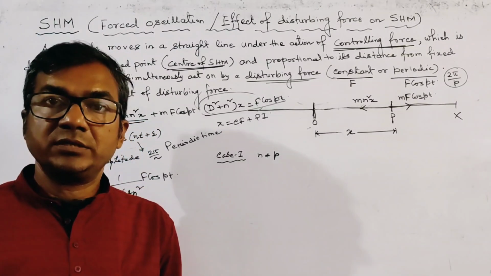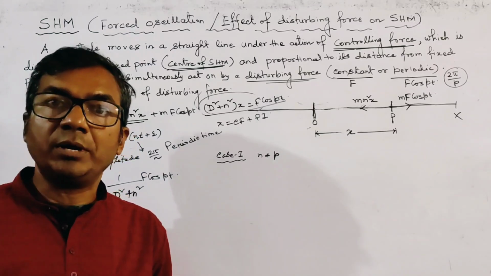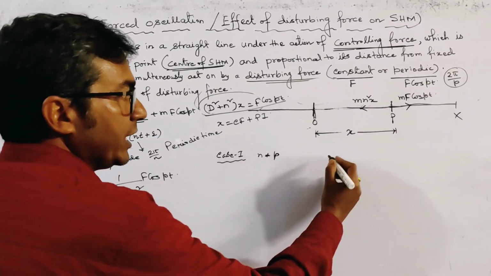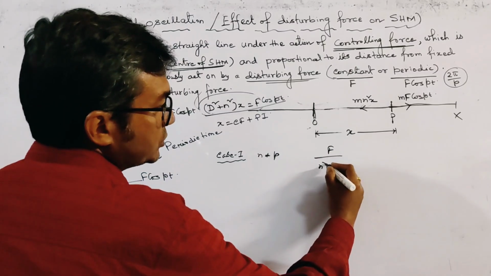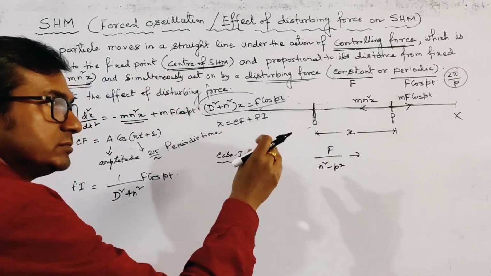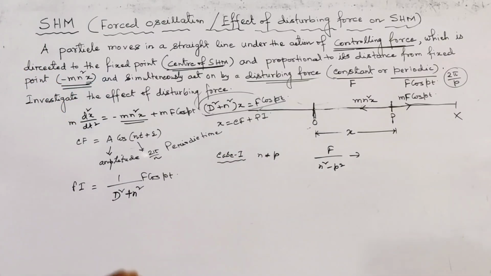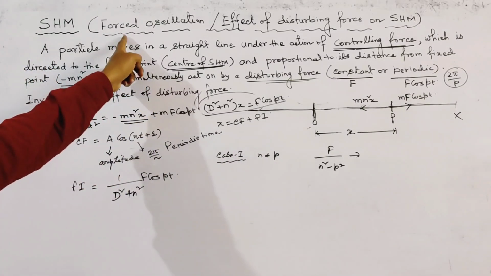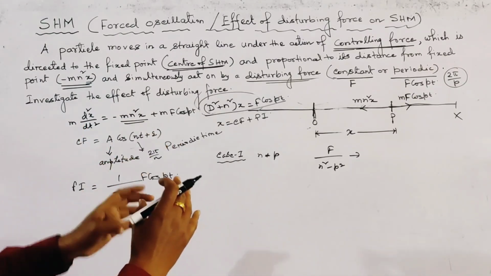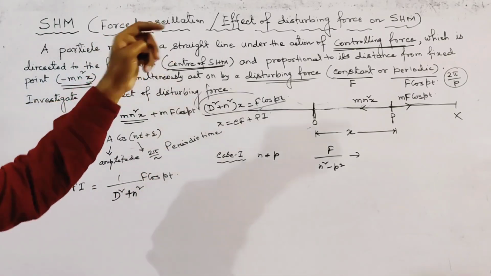In this case, since the amplitude of the periodic disturbing force, that is F by (n square minus p square), is very large, for this reason this motion is said to be the forced oscillation. Okay, and hence the topic name is forced oscillation.